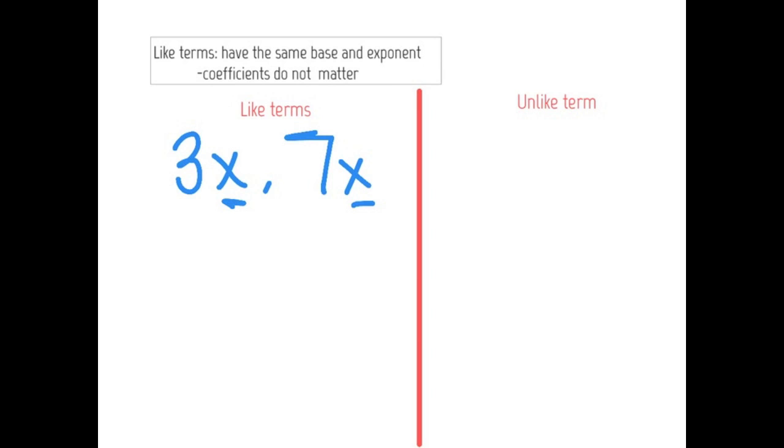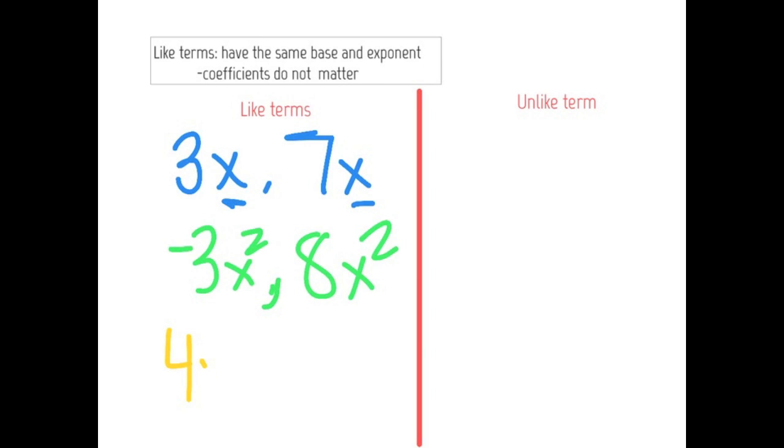Another example of like terms is negative 3x squared and 8x squared. Once again, same base, same exponent. And one more would be 4xy, 4 times x times y, and 5 times x times y. They have the same variables and the same exponents.